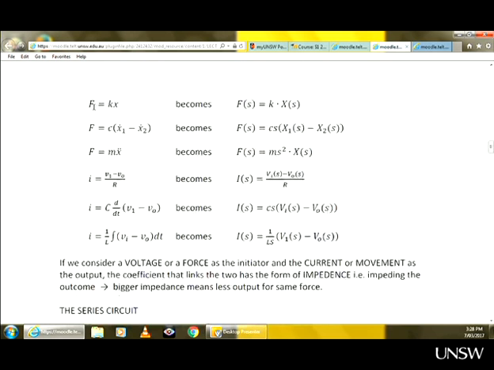So once again, if this is the equation describing the spring, in the s domain it becomes a very simple expression: F(s) equals K times X(s). For the damper, because you have a first derivative, you will get s times (x1 minus x2), assuming zero initial conditions, because this is leading us to the creation of the transfer function. With inertia, you're going to have the s squared term because you have a second derivative of x in the time domain.